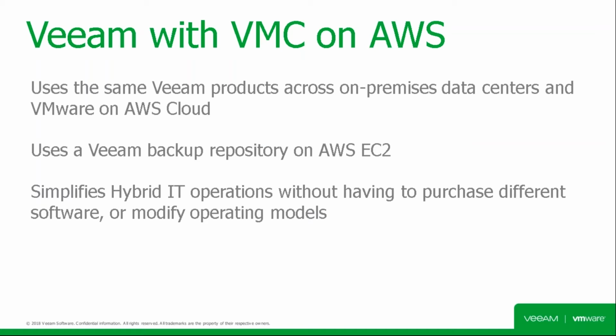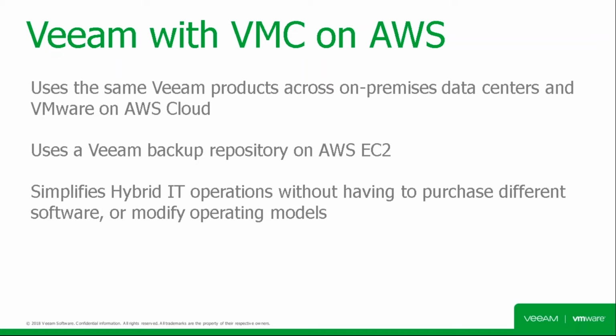What we wanted to do here was sum up a few things. It's the same Veeam product, whether you're on-prem or off-prem on VMC in the cloud. When we use Veeam in VMware Cloud, we recommend using a backup repository that is actually on AWS natively. When we protect your data, we don't want the backup stored on the same production data store that we're using for VMware Cloud.